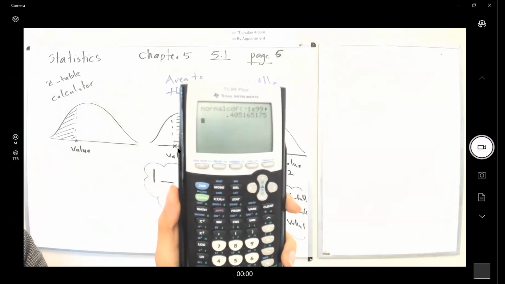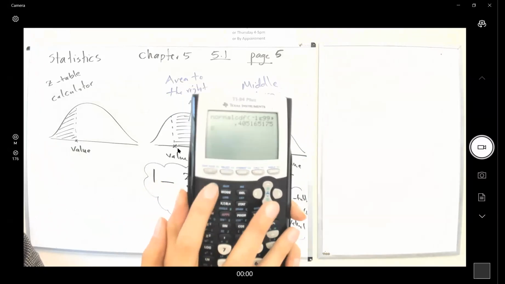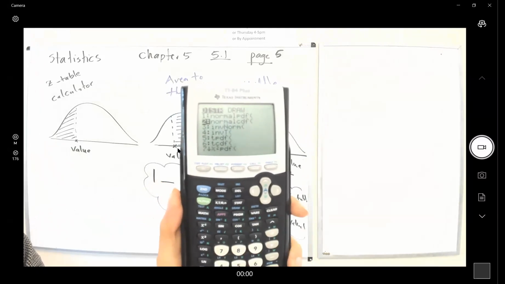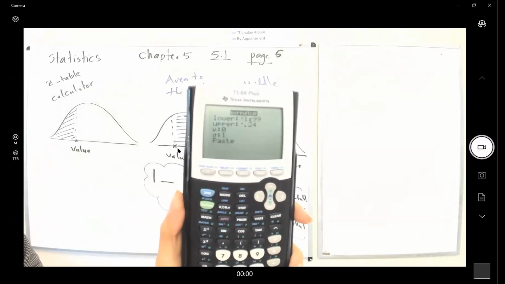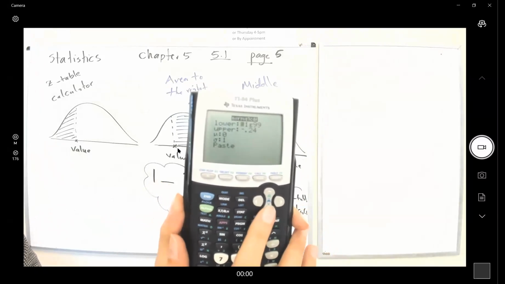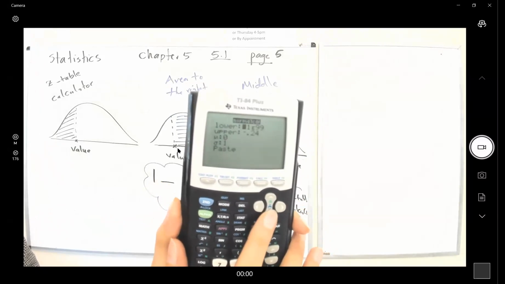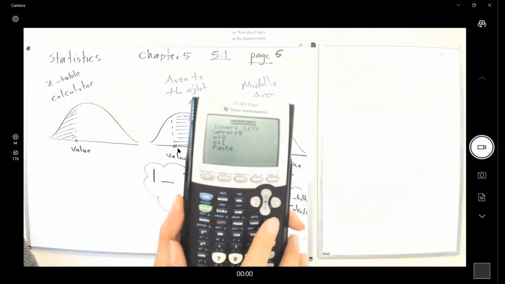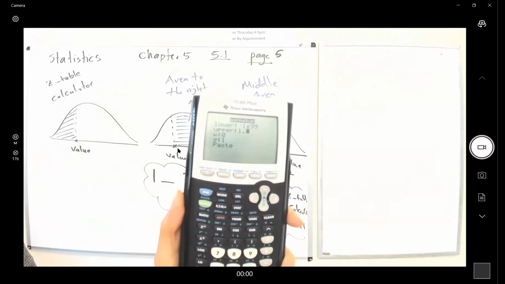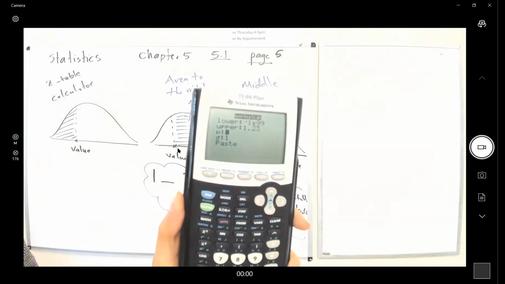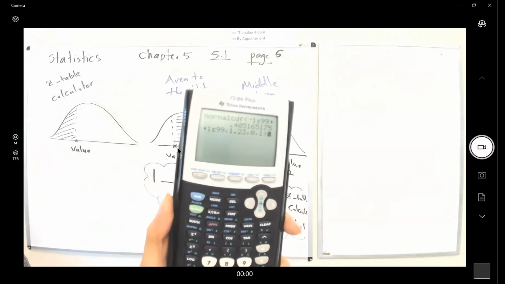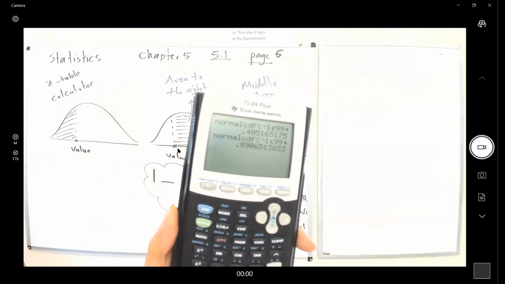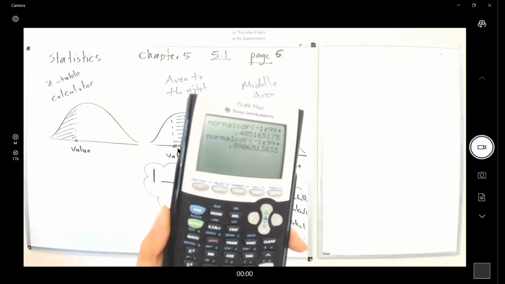Second, bars, normal CDF, and my lower limit stays the same. My upper limit is 1.23. Enter, enter to get the area. As you can see, it's almost 89%.